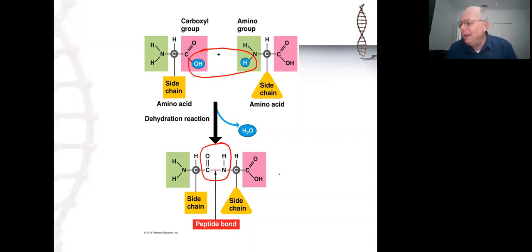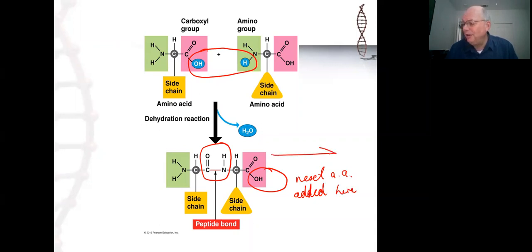If we were to add the next amino acid, we would add it down here. So the next amino acid would be added here. And the chain would elongate in this direction. So that would become our peptide chain.